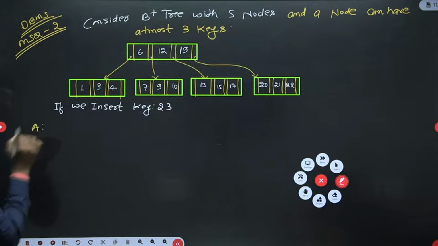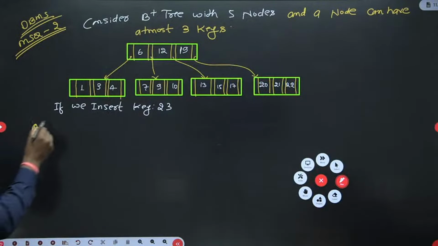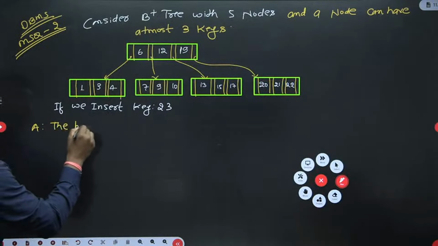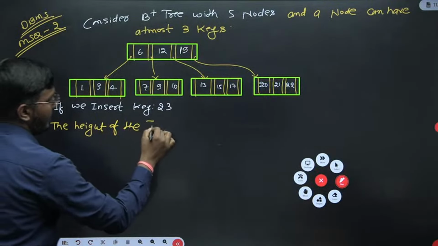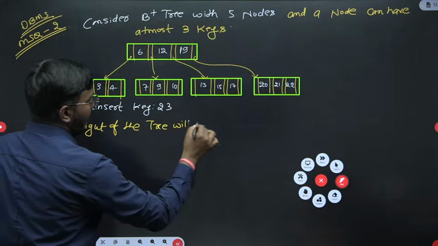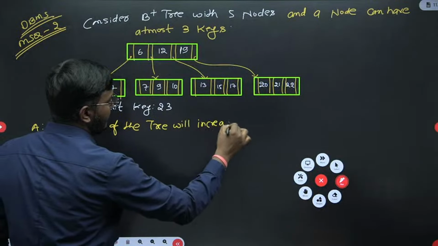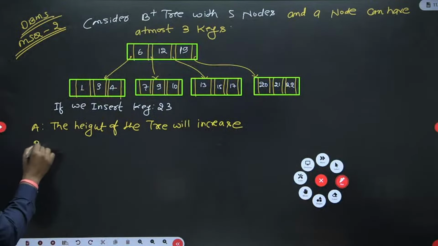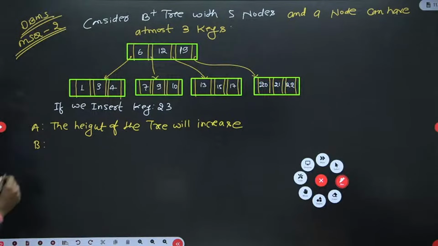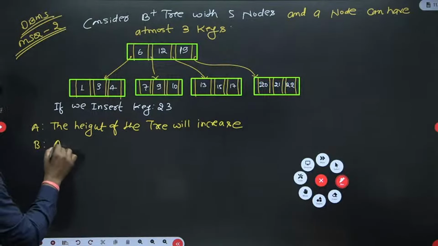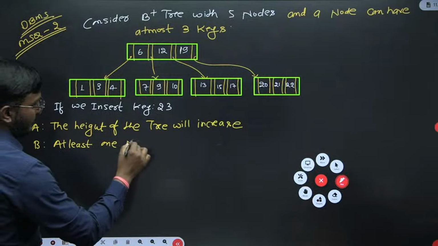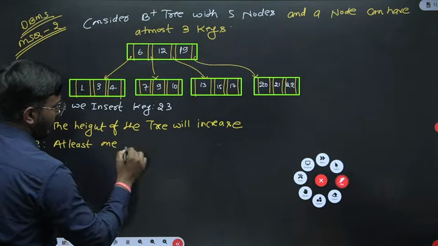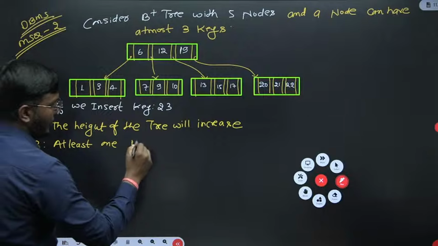Option A was something like: the height of the tree will increase. The second option was at least one or more node splitting.